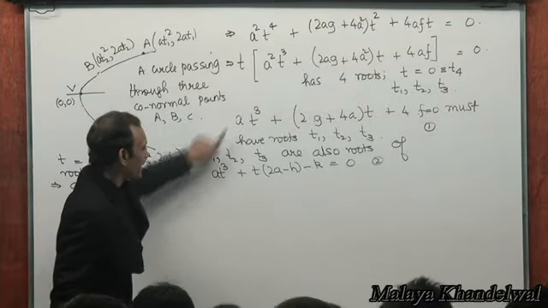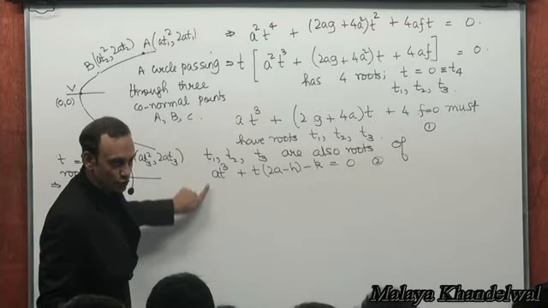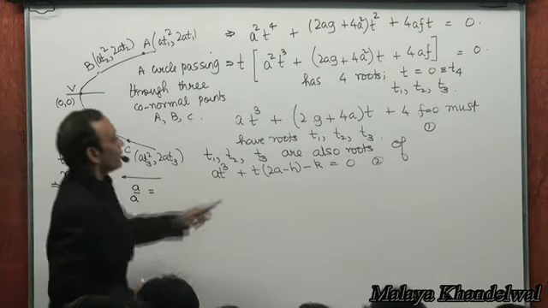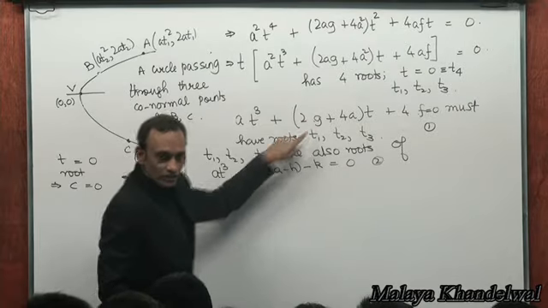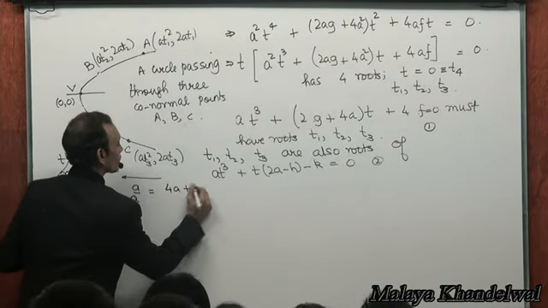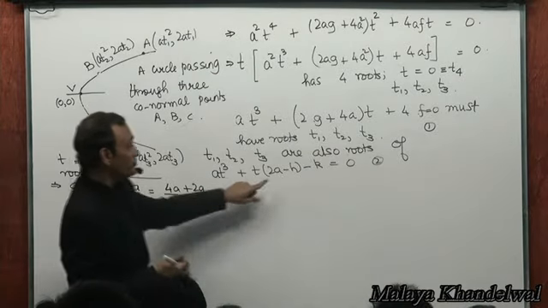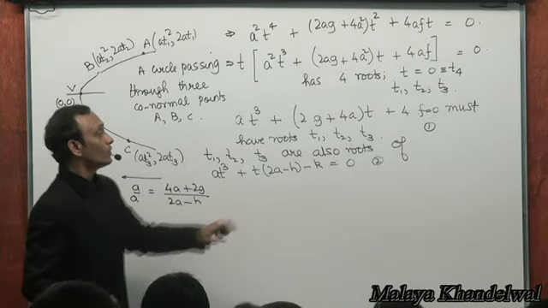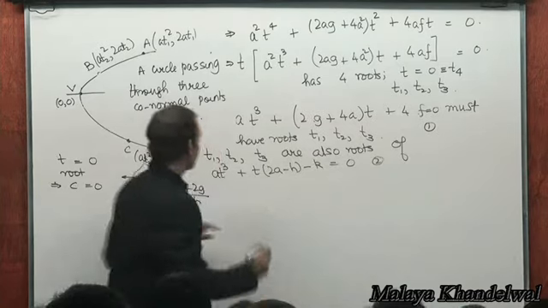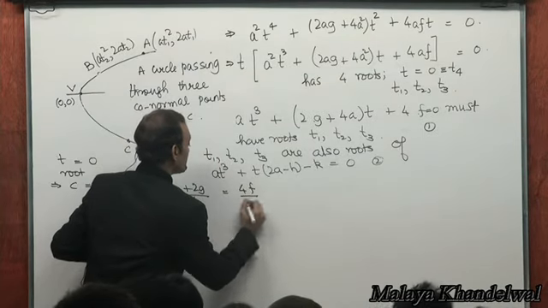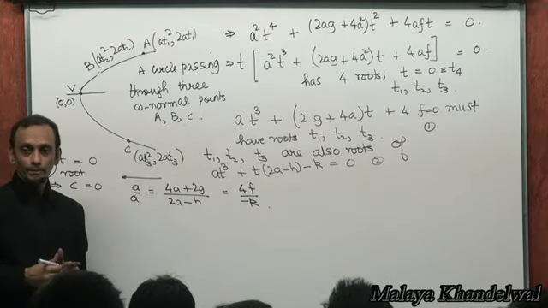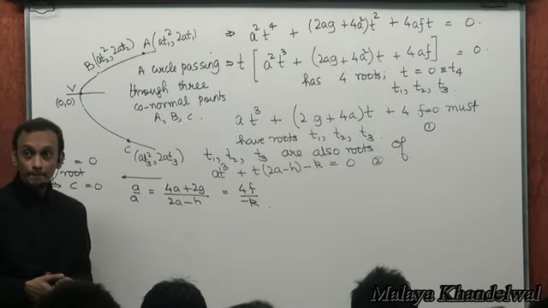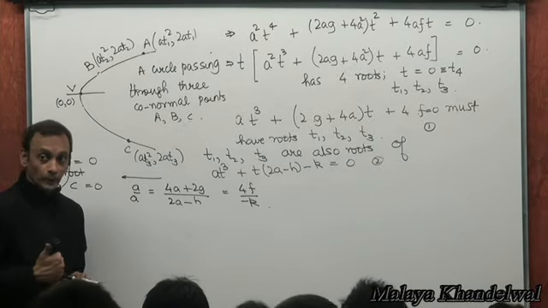That means a by a, coefficient of t cubed here divided by coefficient of t cubed here, that is a by a, which is 1, must equal coefficient of t, 4a plus 2g, divided by coefficient of t here, 2a minus h, which equals constant term here, 4f, divided by minus k, yes or no? Right? Got me?